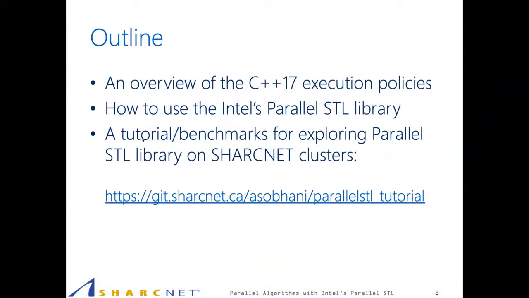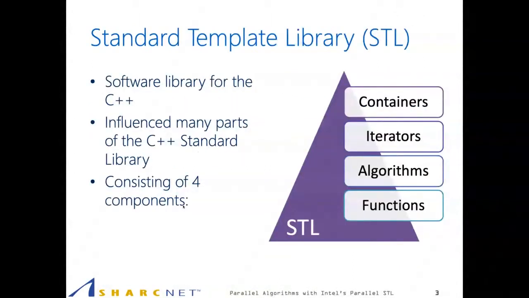At the end, we have a tutorial and some benchmarks for exploring the Parallel STL library on Sharcnet clusters. You can find the files for the tutorial section in the link below in the Sharcnet GitLab repository. I think you need your Sharcnet credentials to log into the GitLab server.